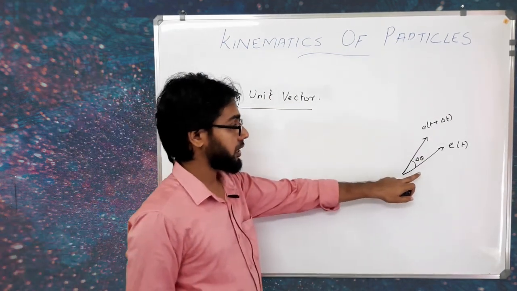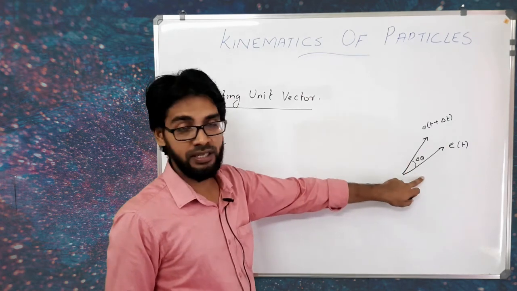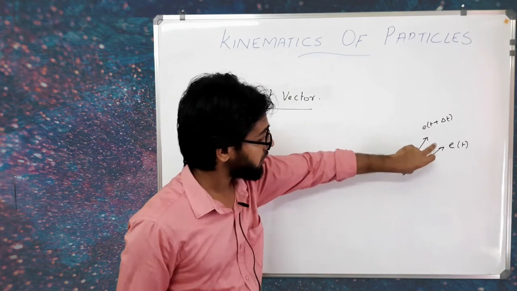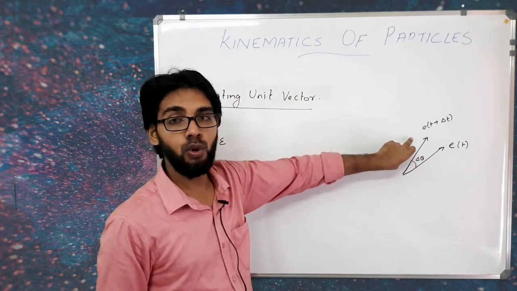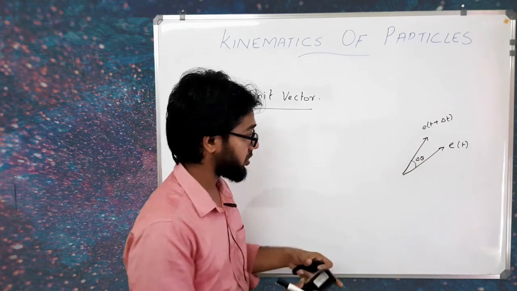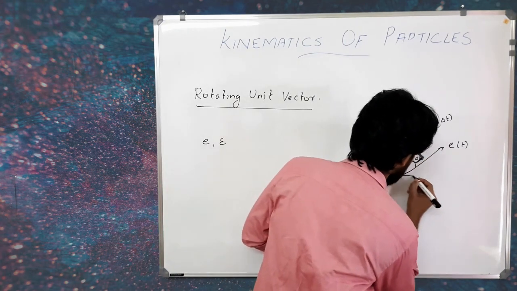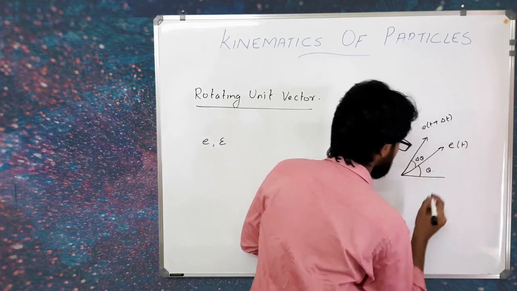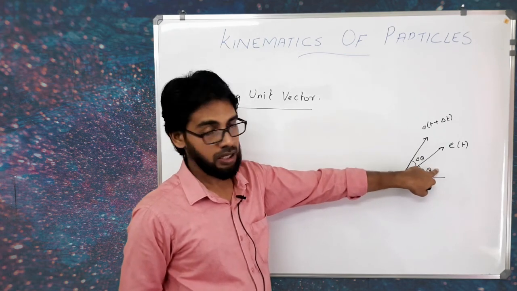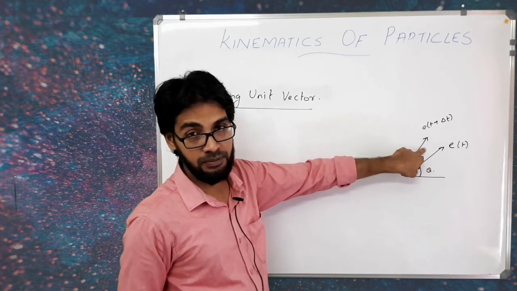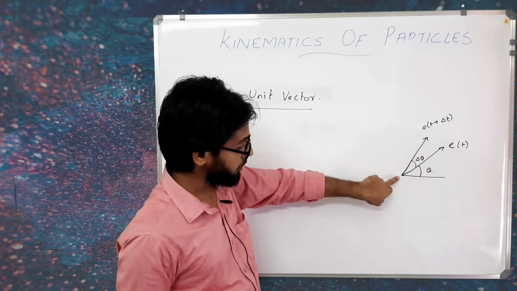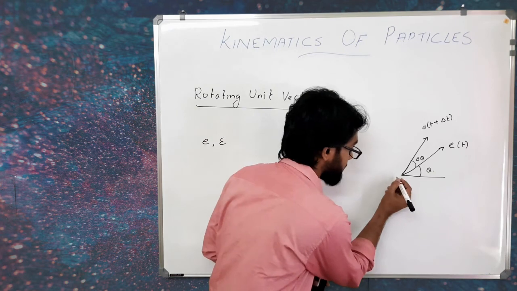Remember one thing, the magnitudes of both these vectors are the same. Both unit vectors have magnitude 1. So first at time t, this is the position. Suppose the angle initially from the reference plane is theta. After an interval of time delta t, the unit vector changes its position, rotating with respect to this point. Say I name it as O.